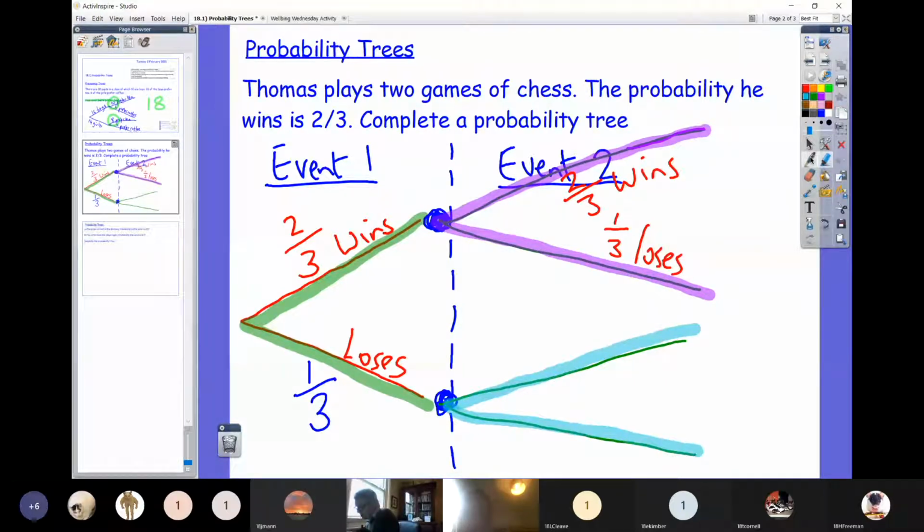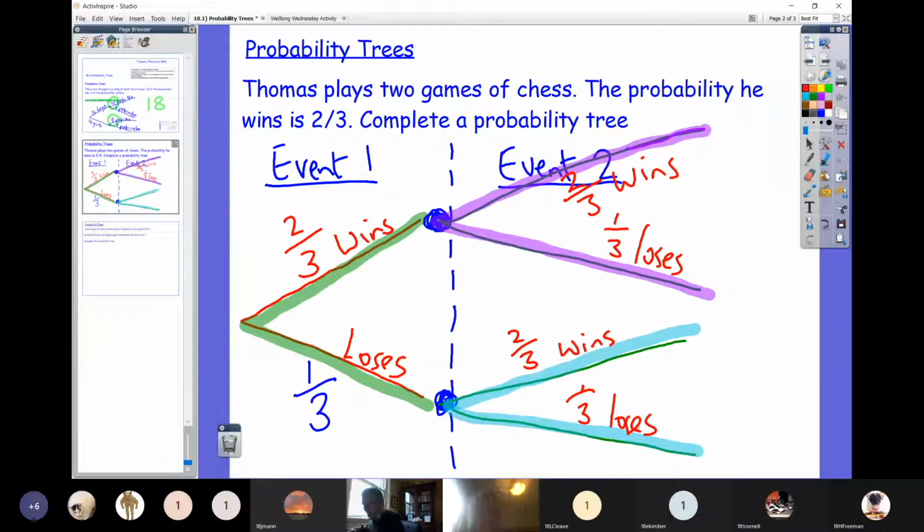But we still have a situation, whether he won or not in the morning, that the chances of Thomas winning is 2/3, and the chances of losing is 1/3. So the 2 branches in green, the 2 branches in purple, the 2 branches in light blue will always add up to a whole.